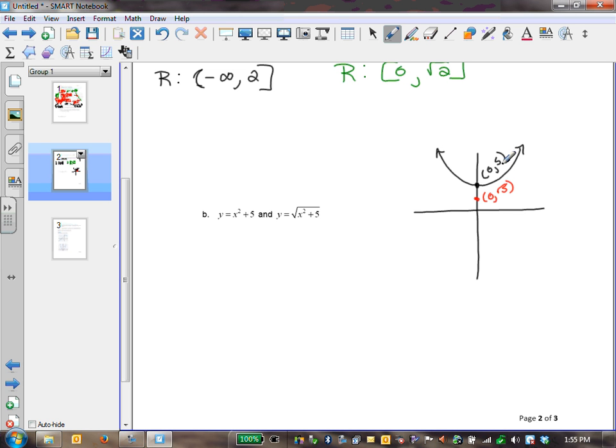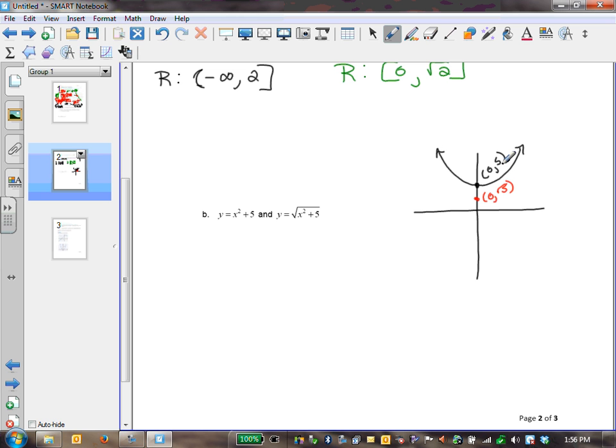You have to treat them as a whole. We know this can't be factored because it's unfactorable. I've got this point, but how am I going to graph the rest of it? A table of values. Exactly, I'm going to go to a table of values to figure out where I should be.